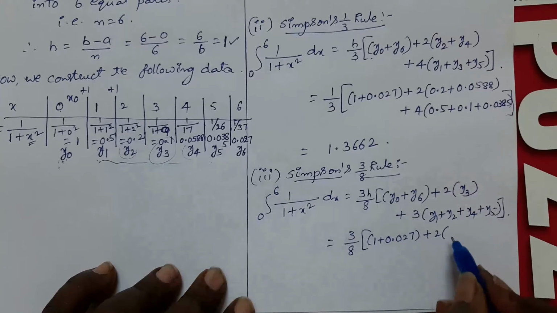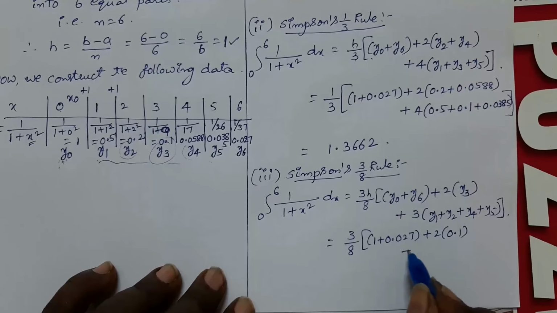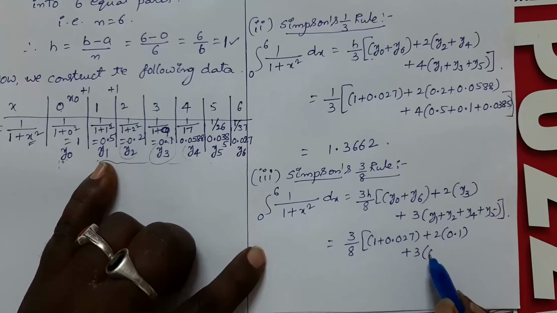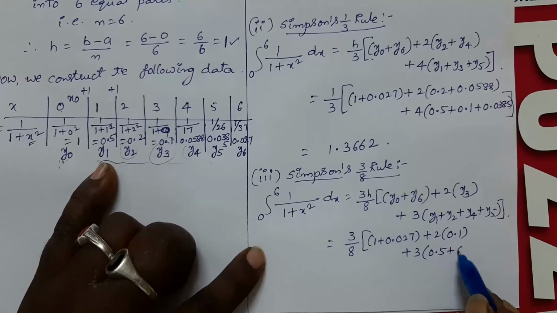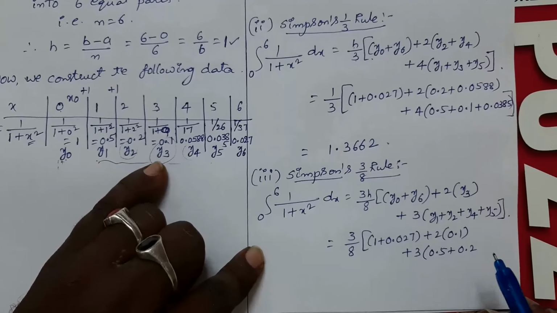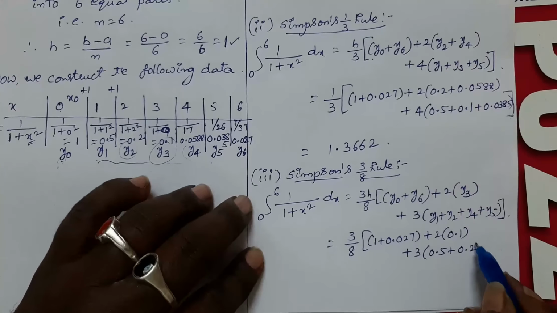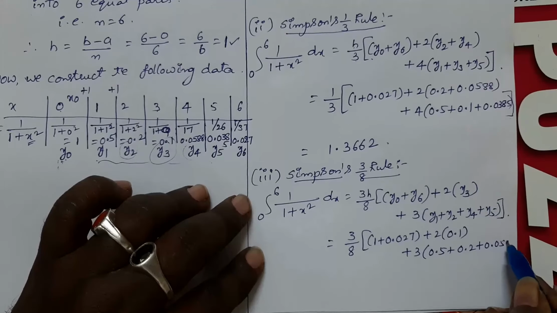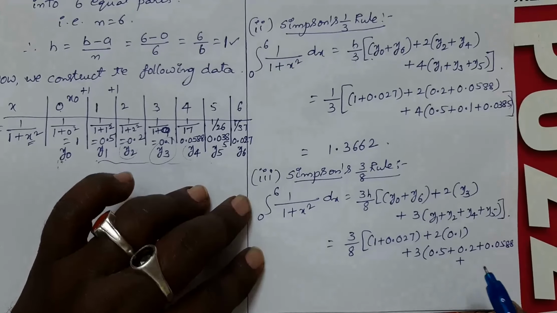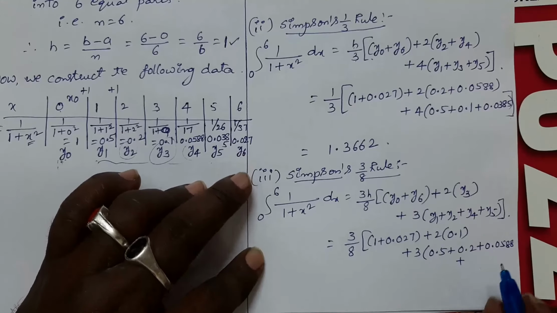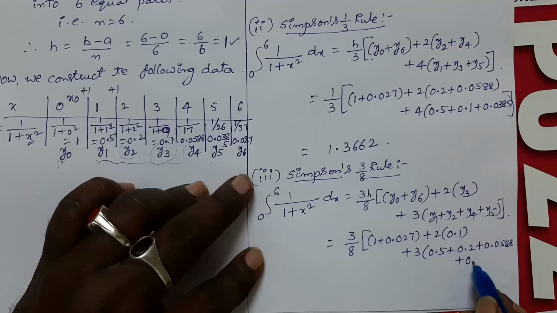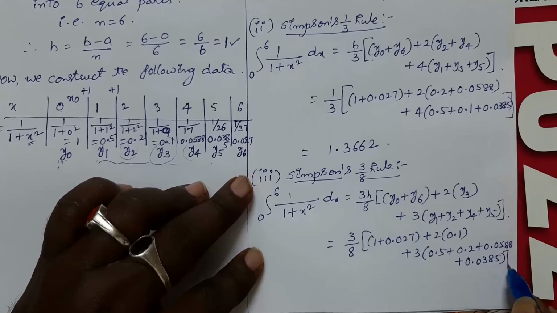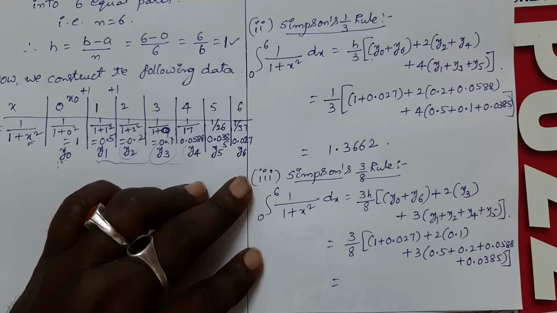What is y3? 0.1, plus 3 times of what is y1? 0.5, plus 0.2, plus y4, y4 is nothing but 0.0588, plus y5, which is 0.0385. Close the bracket and evaluate this by using a scientific calculator.